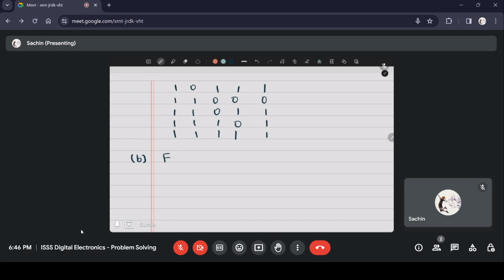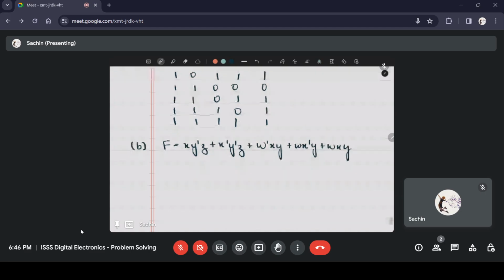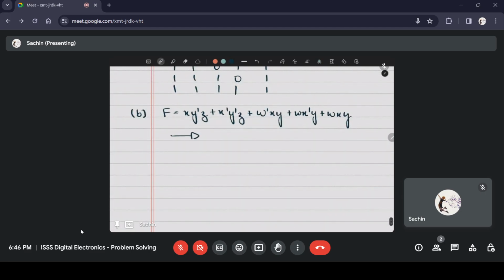The original function was x y prime z plus x prime y prime z plus w prime xy plus w x prime y plus w xy. We can get the complemented form of each of the variables by using a NOT gate. So in the further circuitry, I'll just assume w prime, x prime and y prime are directly available to me.